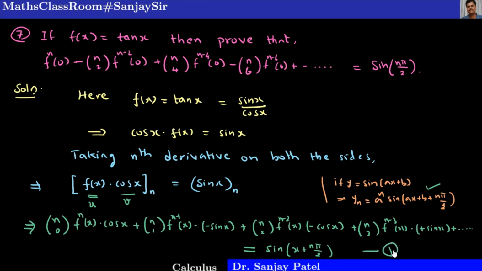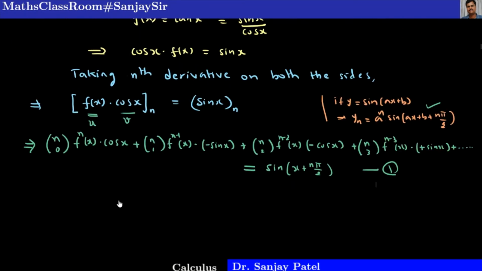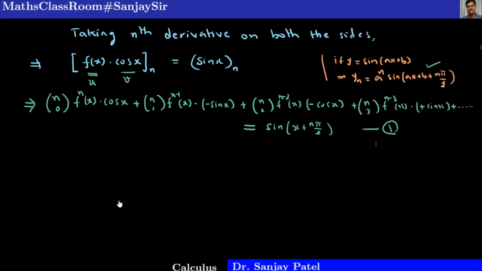What we need is these terms f^n(0), f^(n-2)(0) and so on. From this result, we have to find the value of these derivatives at x equal to 0. So we substitute x equal to 0 in this. So put x is equal to 0 in 1.